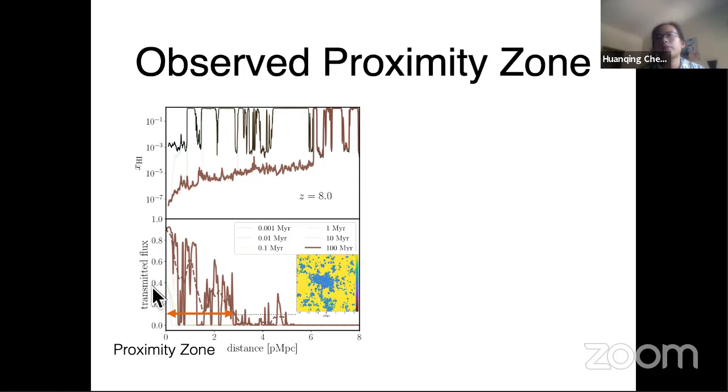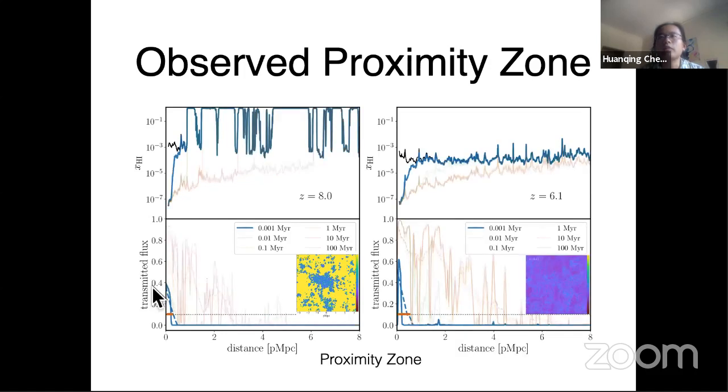The picture will look pretty different if we look at the case after global reionization, for example, at redshift 6. At that redshift, since the universe is already pretty ionized in most places, there will be no more such typical quasar I-front, but the whole IGM has dropped to a neutral fraction of 10 to the -3.